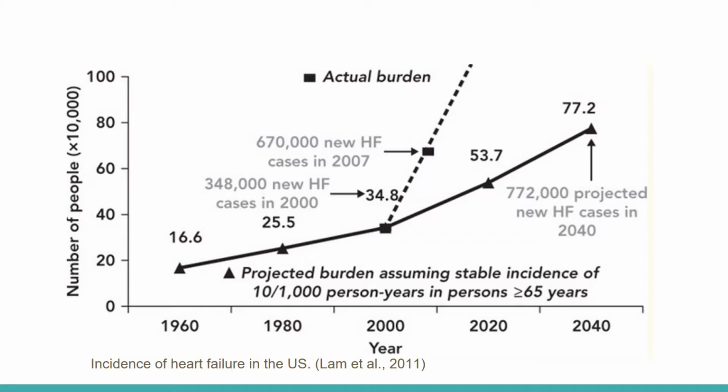In 2007, you can see that heart failure incidence was projected to be at about 400,000 per year, and instead it was actually 670,000 per year. So by the time we get to 2040, according to this projected graph, it was supposed to be 770,000, and now you can't even see where the graph cuts off at that point because of how much it has skyrocketed.